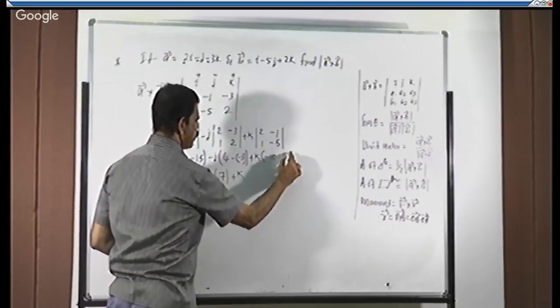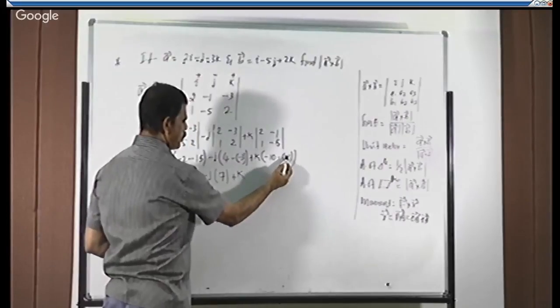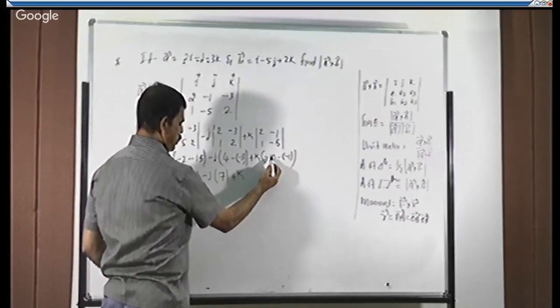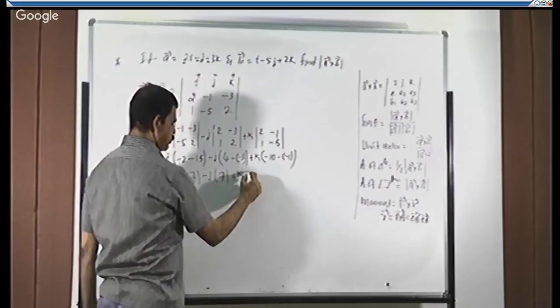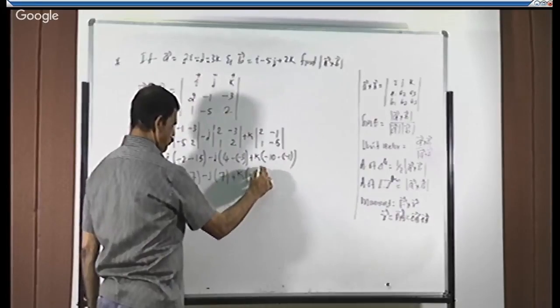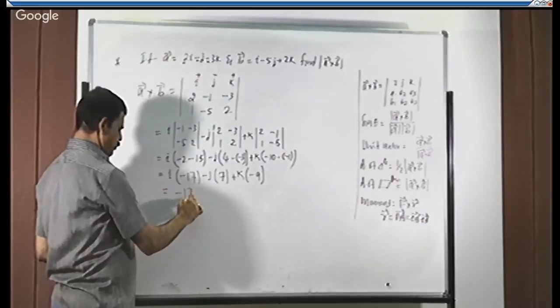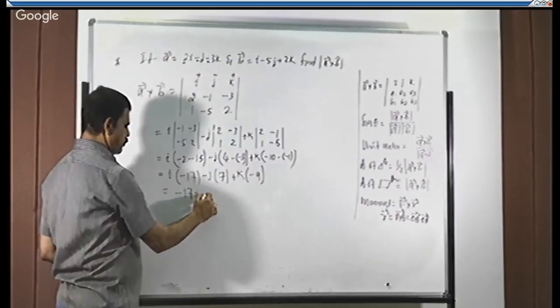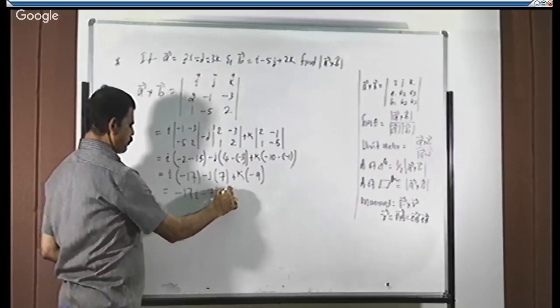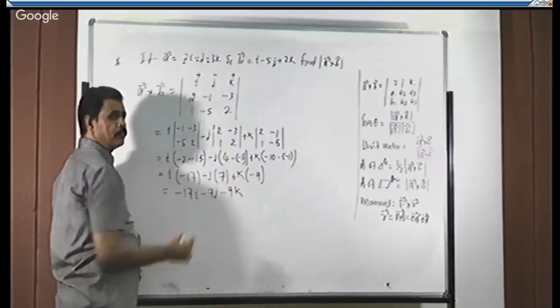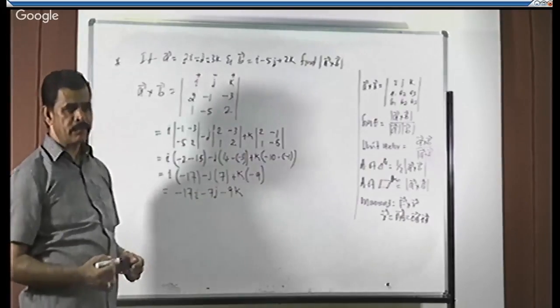So minus into minus plus 1, minus 10 plus 1 is equal to minus 9. Finally, we get minus 17i minus 7j minus 9k. This is A cross B.